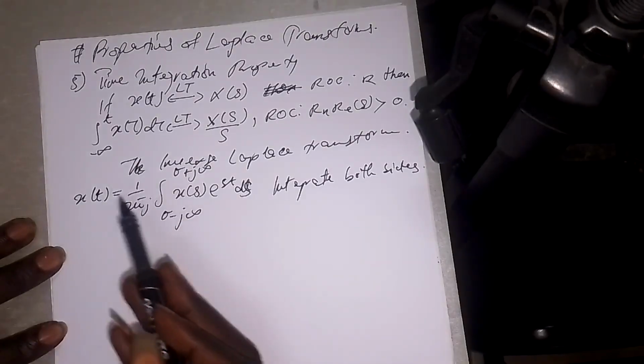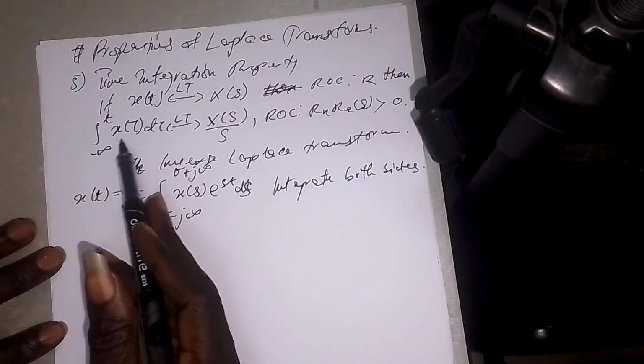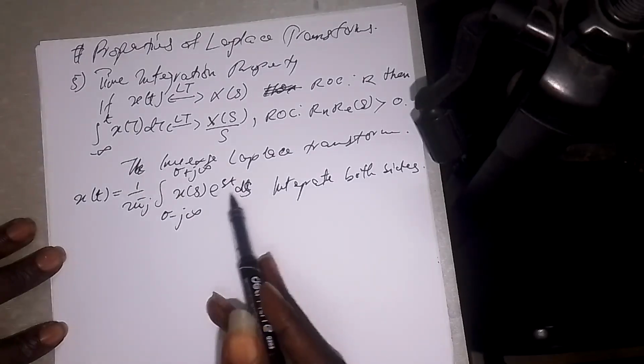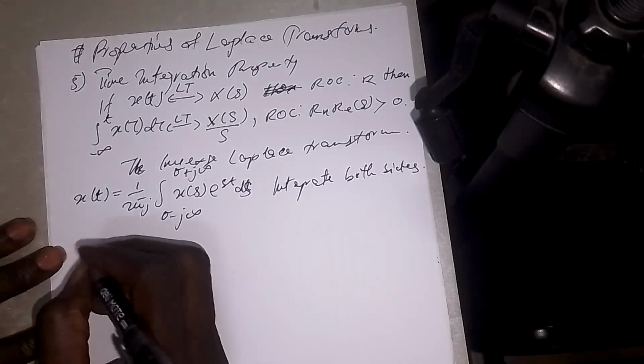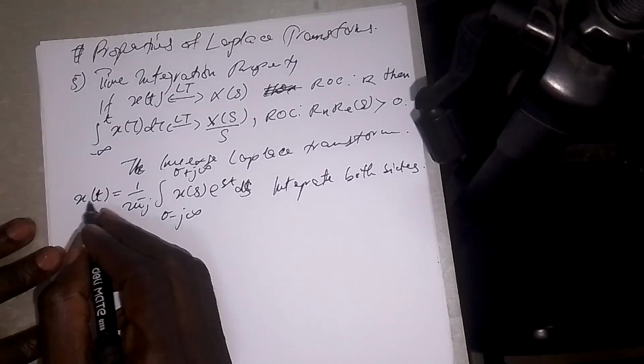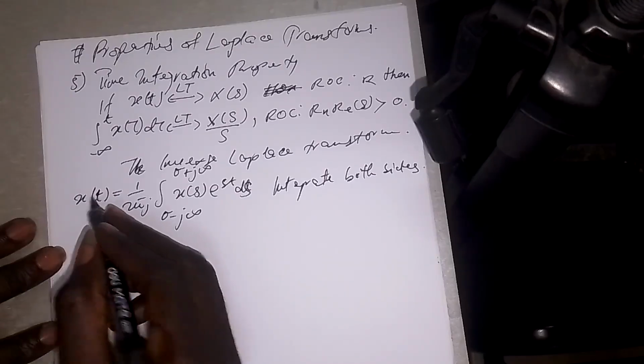I'm going to integrate this particular part, and also this part. Integrating both sides, I replace t with tau.